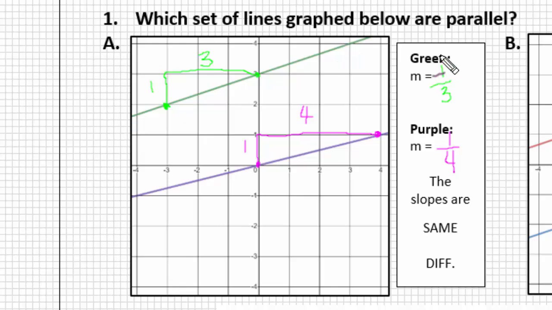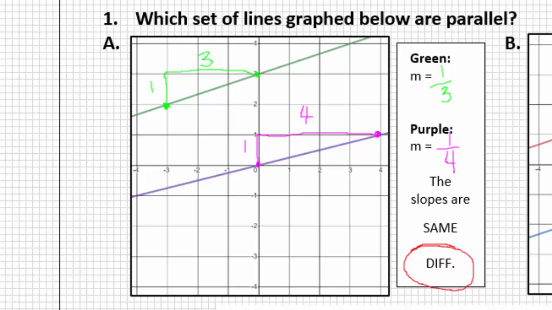The green line has a slope of 1/3 and the purple line has a slope of 1/4. Go ahead and make sure you have that recorded. Really what we're doing right now is comparing the two slopes of these lines, and the slopes of these two lines are different.